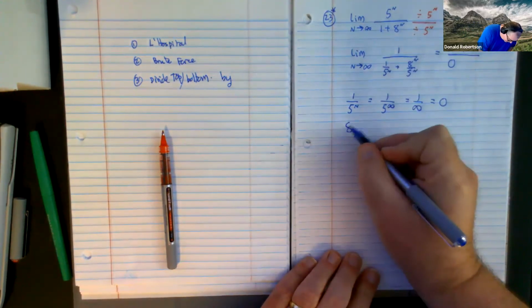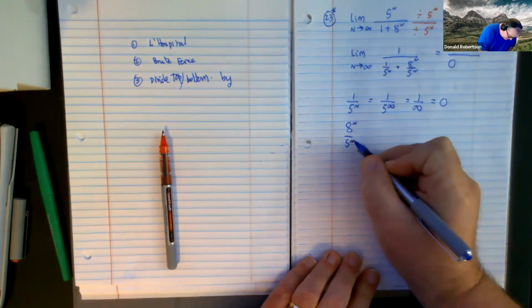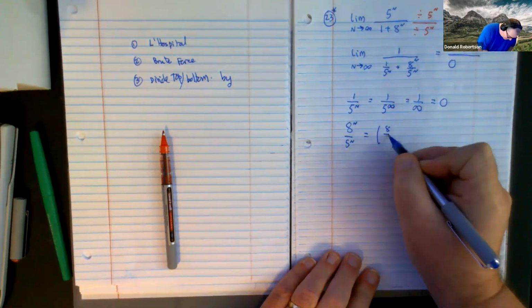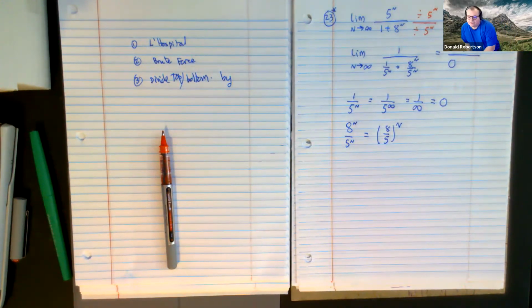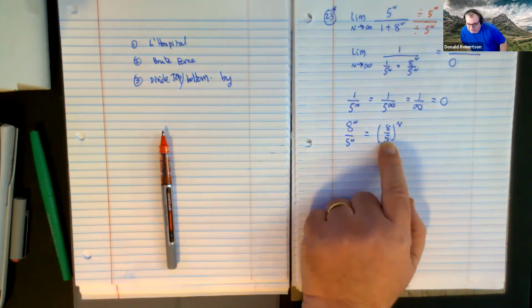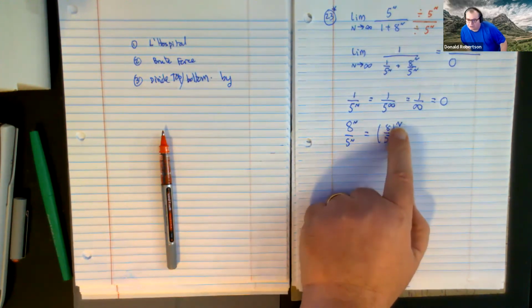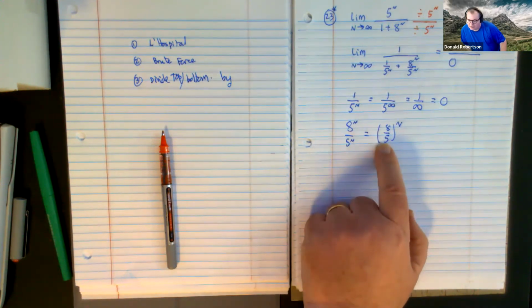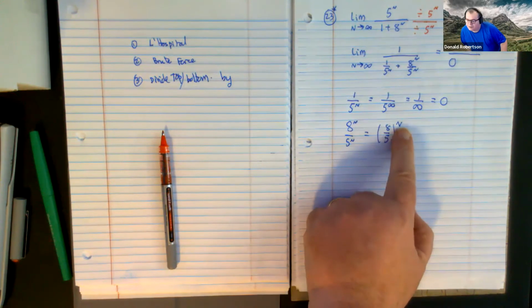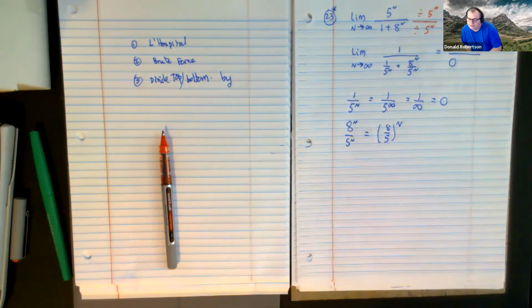Now, this one's a little bit sneaky. What you have to do is imagine that guy, right? So it's not 8 to the n and 5 to the n treated separately. Do you see I've stuck them together as 8/5 to the power of n? Now, this number is bigger than 1. What do you get if you take a number that's bigger than 1 and raise it to the power of infinity?